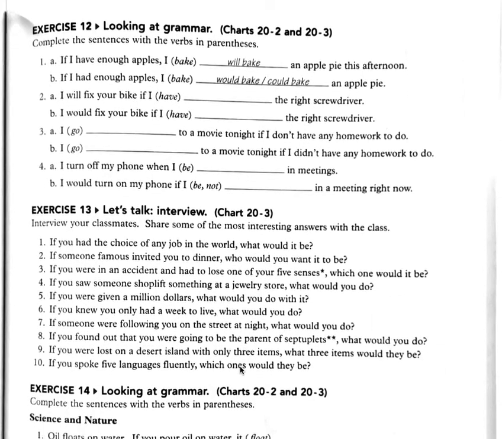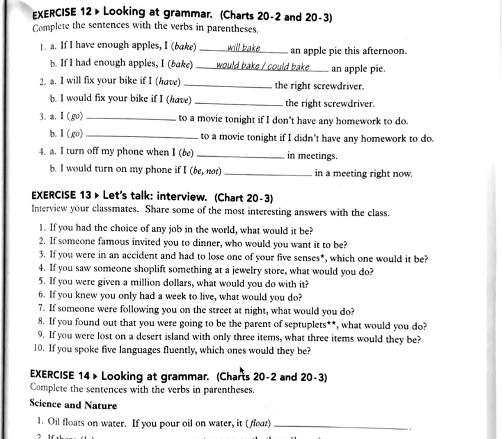All right. Let's look at page 431, exercise 12, please. Complete the sentences with the verbs in parentheses. And again, look at the if clause to look at the verb forms or the result clause. Okay?